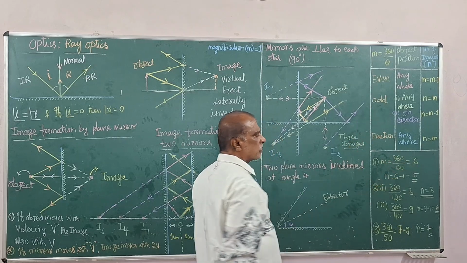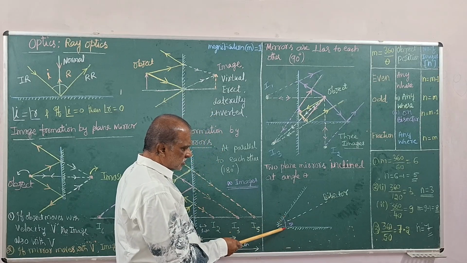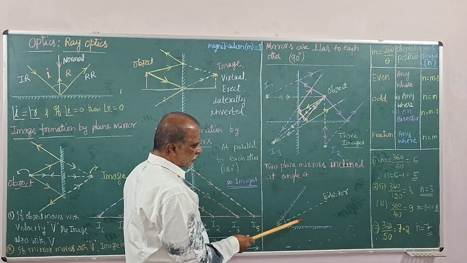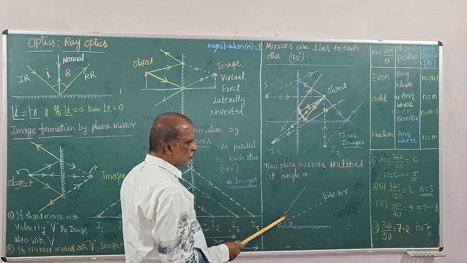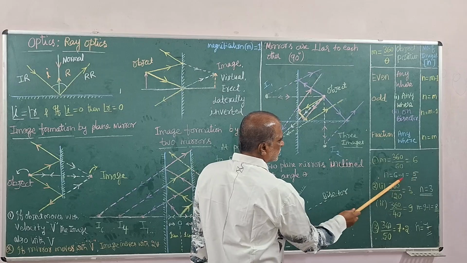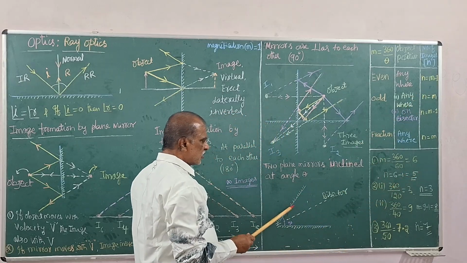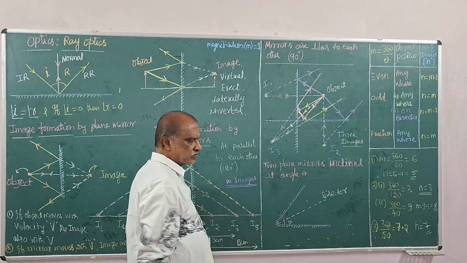The object may be anywhere in the space, and the number of images formed is 5, 6 minus 1. 5 is the number of images when the angle between them is 60.